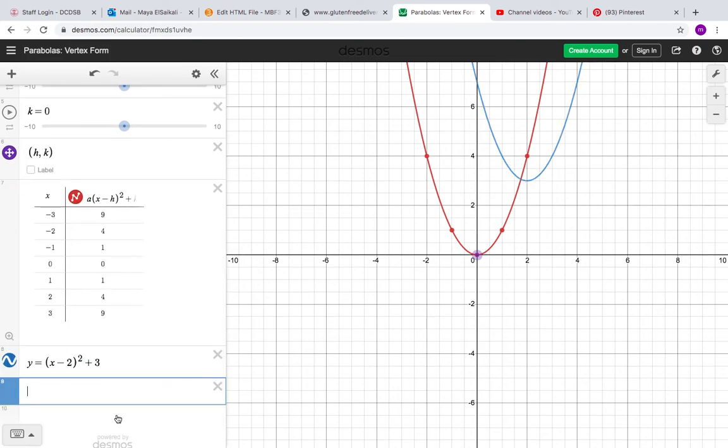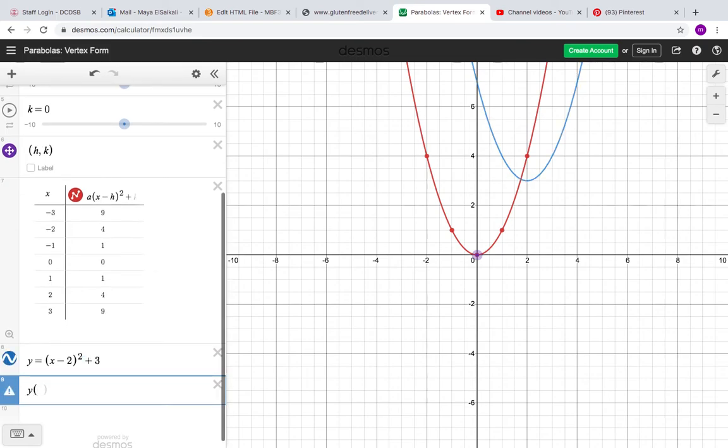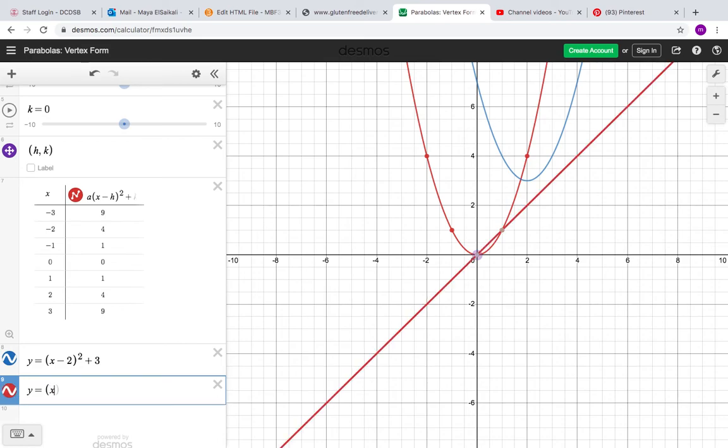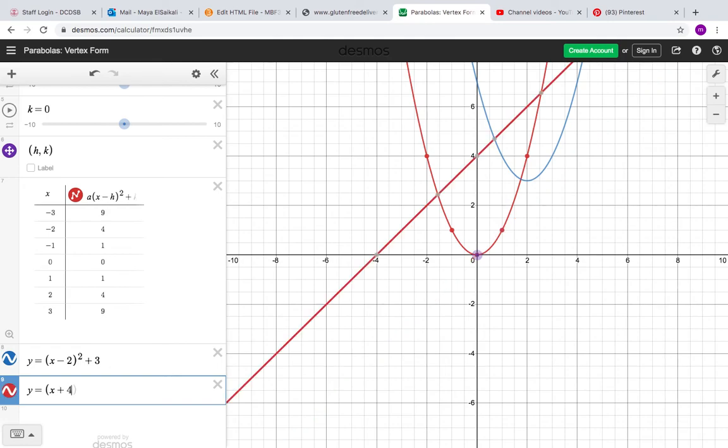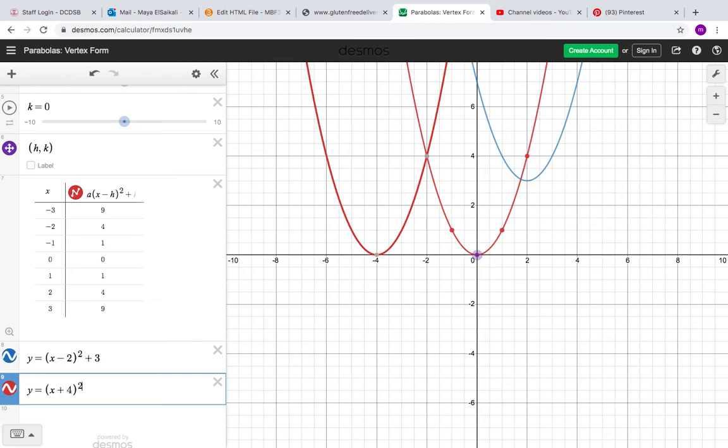Let's look at another example. What if I have y equals (x plus 4) squared plus 5? You see that I have 4 units to the left and 5 units up.